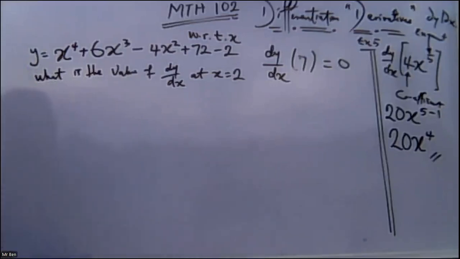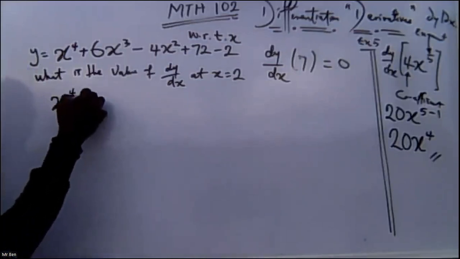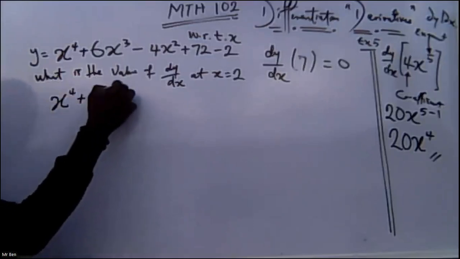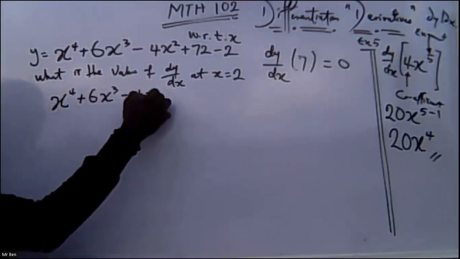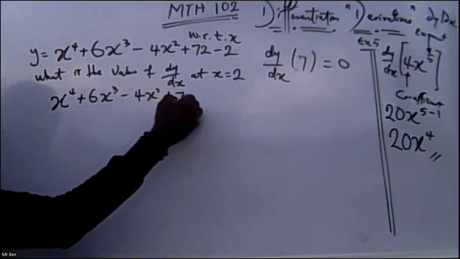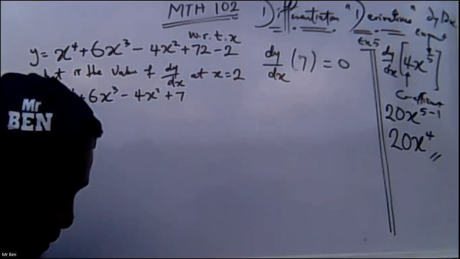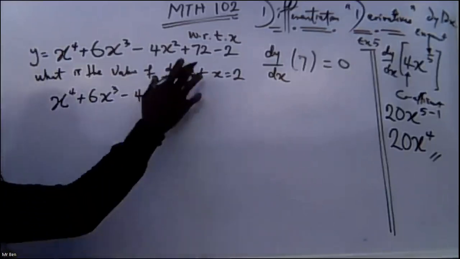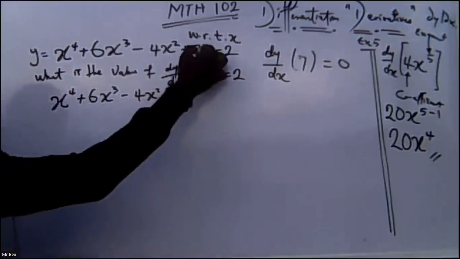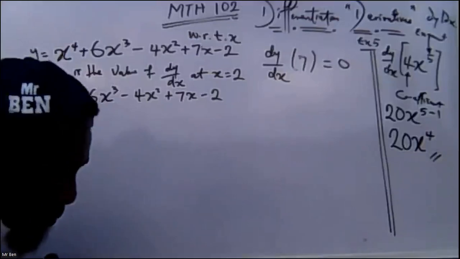Now, let's differentiate what we have on the board. Let me write it here: x raised to power 4 plus 6x cubed minus 4x raised to power 2 plus 7x minus 2.